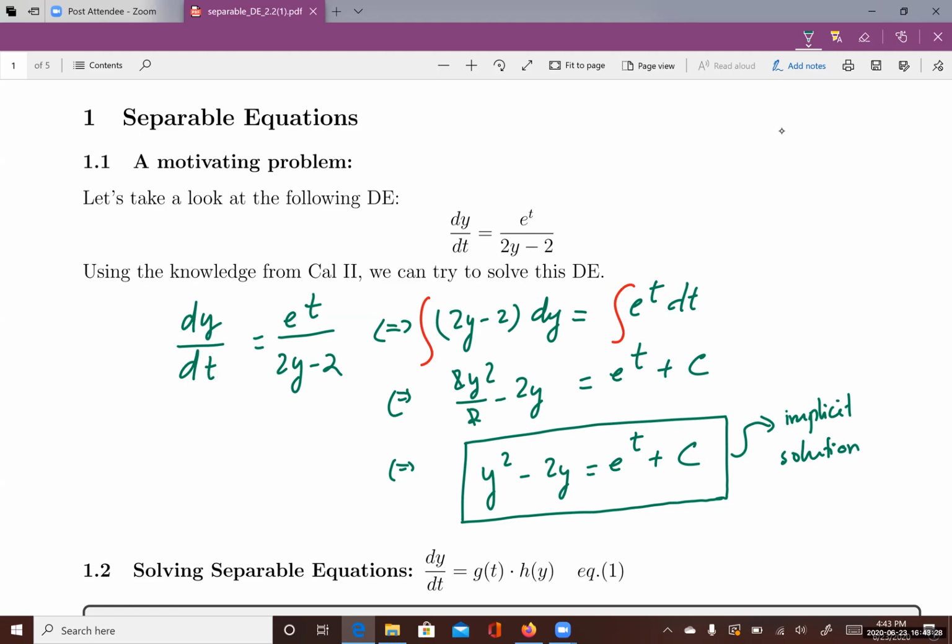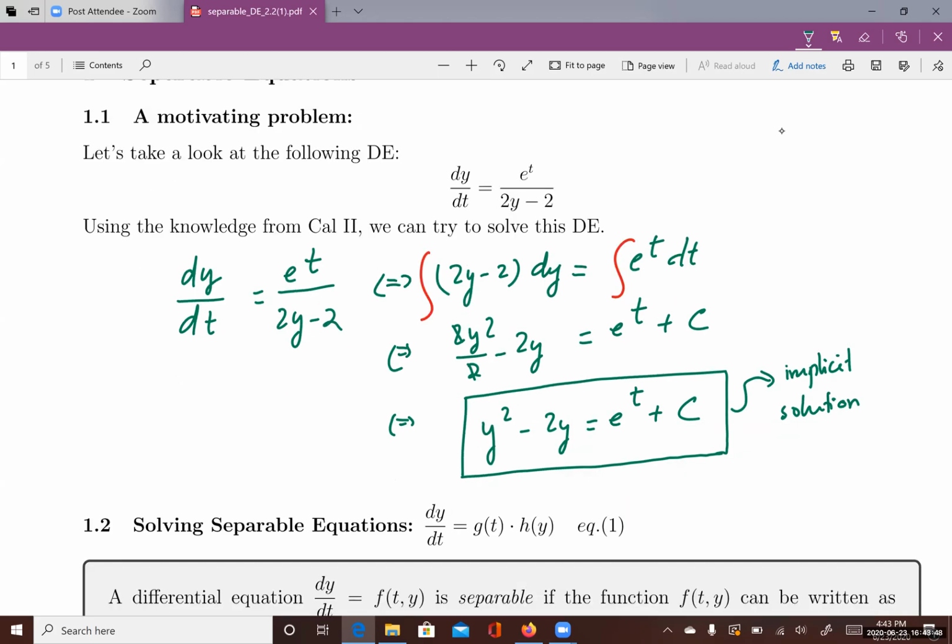All right, so we know how to solve this differential equation. If you have a differential equation where you can separate y functions and t functions on both sides, then you just integrate both sides with respect to y and with respect to t to solve it.